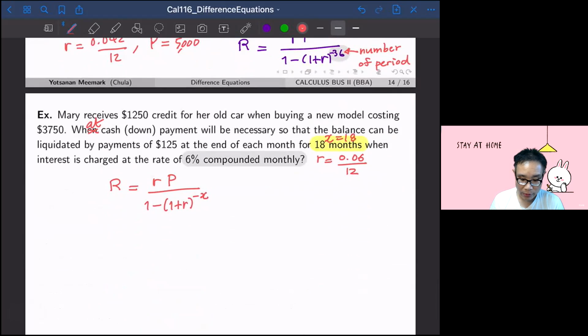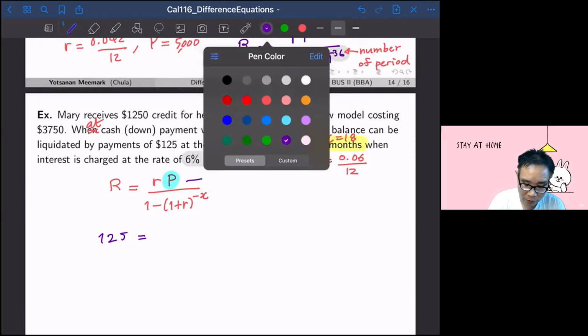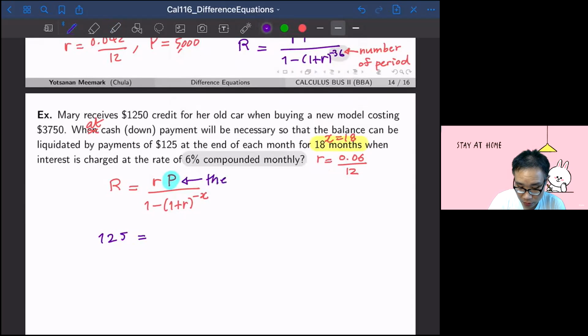You have the payment, which is 125. You'd like to know the amount of your loan. So in this case, you're going to find P, and this one will give you the amount of the loan.